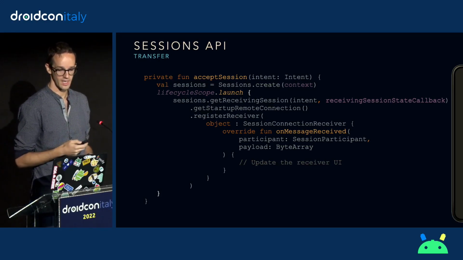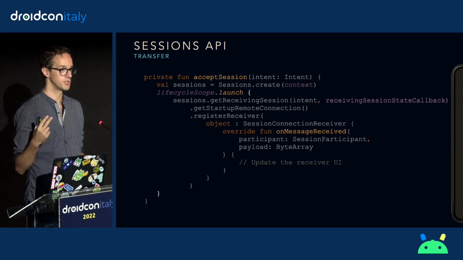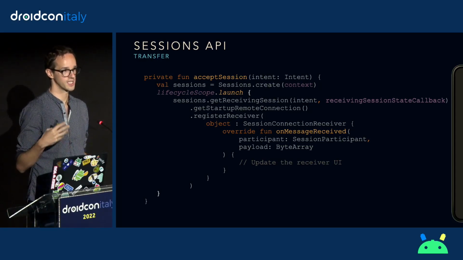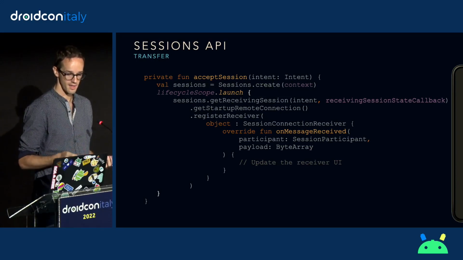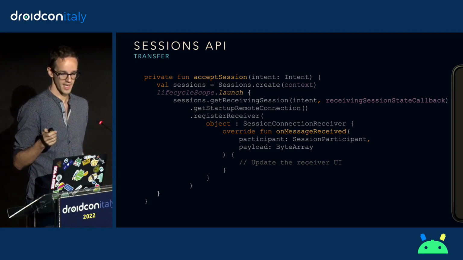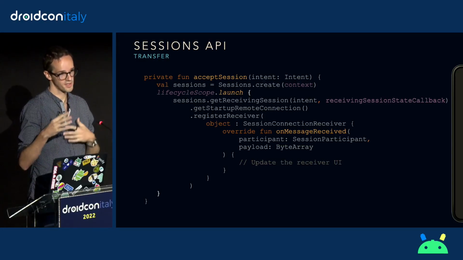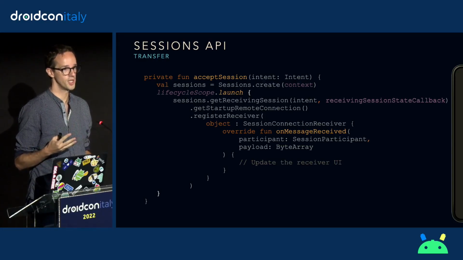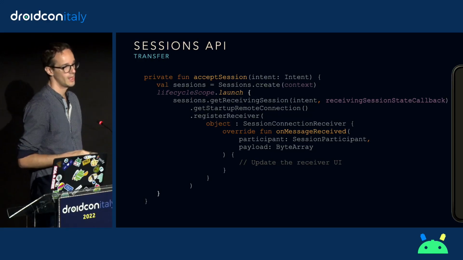That is as simple as, again, getting an intent, because as we saw before, the application is going to be started with that action that we saw before. Get to the receiving section, and then register a receiver. With that, we can get the byte array representation of the session, transform it to our application model, and restore the state. Simple as that.